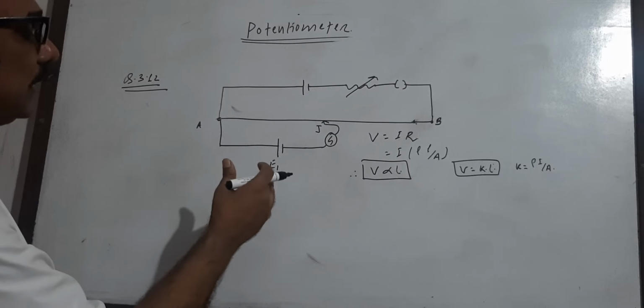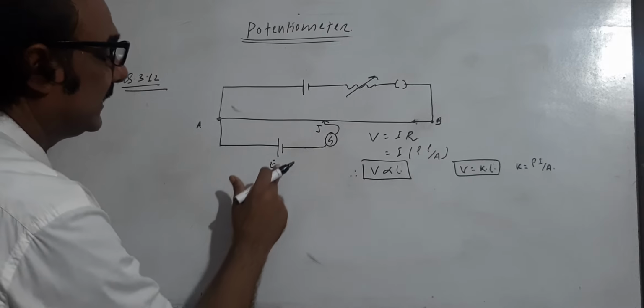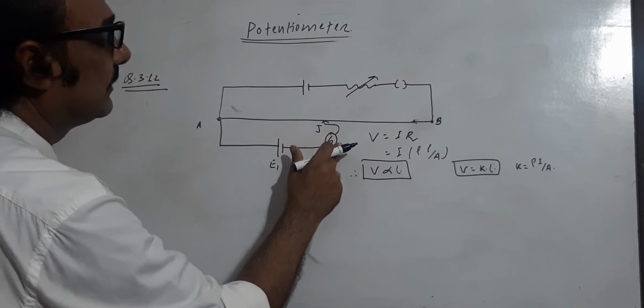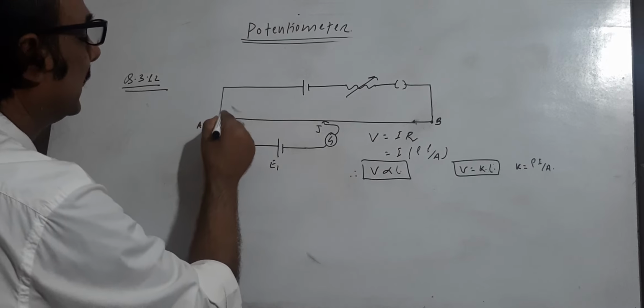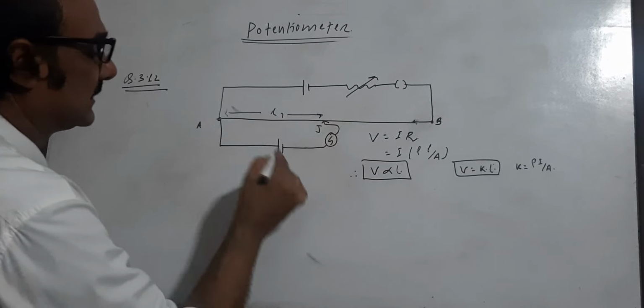So the first balancing length is obtained for cell EMF E1 when null deflection is produced by the galvanometer, and this length is the first balancing length for the cell E1.